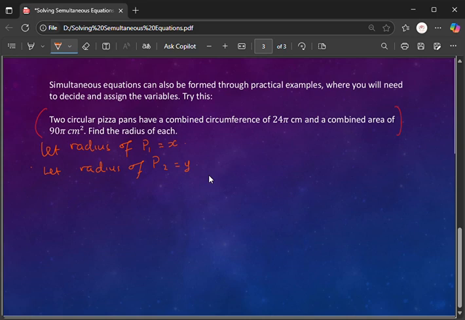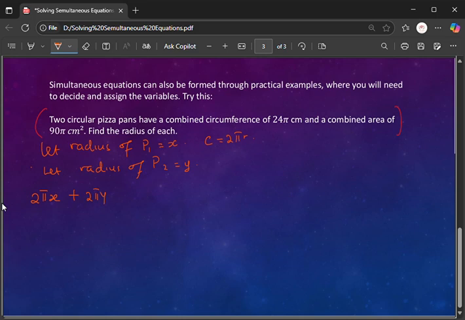Okay, so we know that the formula for circumference is 2 pi r, r being the radius. So circumference is 2 pi r. So we said the radius is x for pan 1, so let's say 2 pi x, plus 2 pi y.